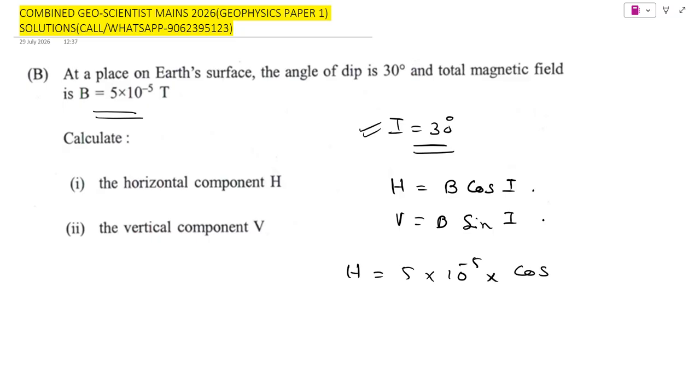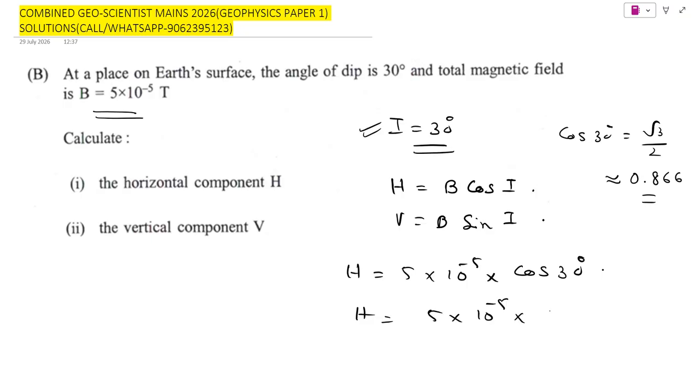We know cos 30 degrees is root 3 by 2, which is approximately 0.866. Therefore, H will be 5 into 10 to the power minus 5 into 0.866.